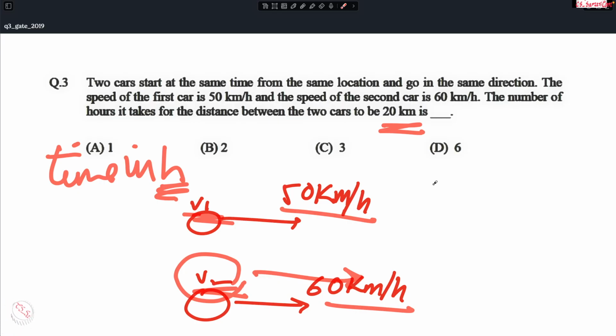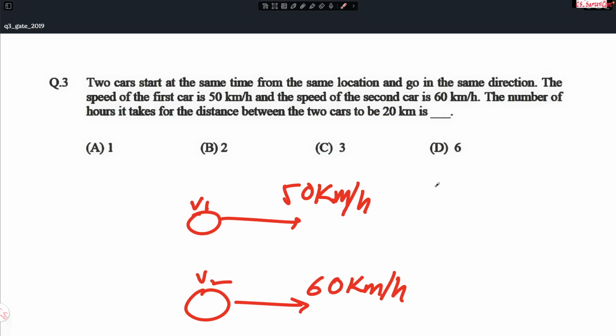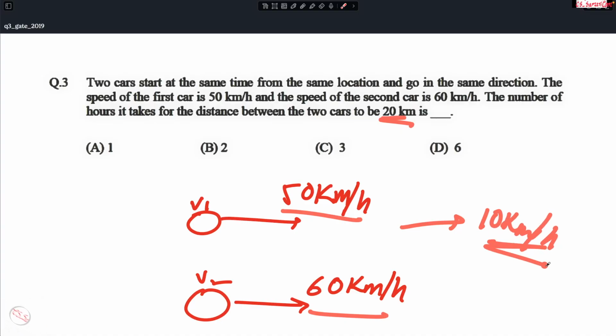That is going to be equal to 20 kilometers. Now there are two methods to solve this. The first is to directly apply the time to the speeds and calculate, because this 20 kilometers has to be achieved, and the difference between the velocities is quite apparently 10 kilometers per hour, because 60 minus 50 is 10.